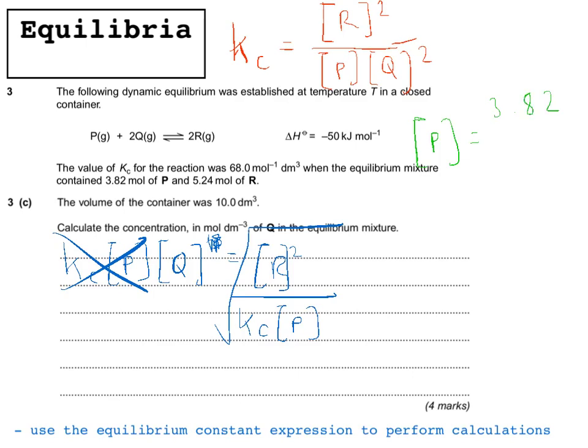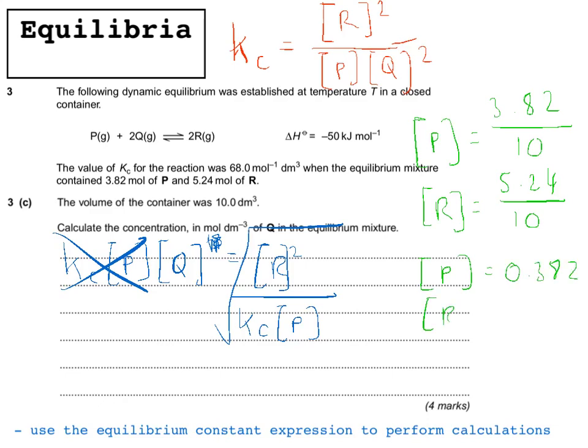Remember, concentration equals moles divided by volume, so 3.82 divided by 10. Our volume is 10 decimetre cubed, and the concentration of R is going to equal 5.24 divided by 10. Therefore the concentration of P will equal 0.382, and the concentration of R is going to equal 0.524.